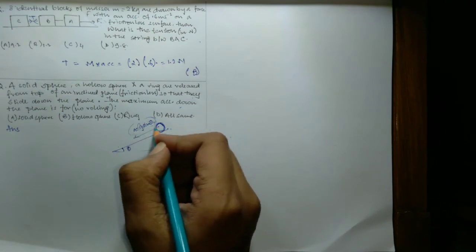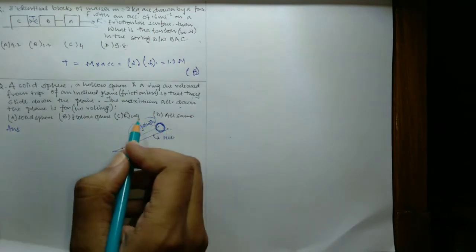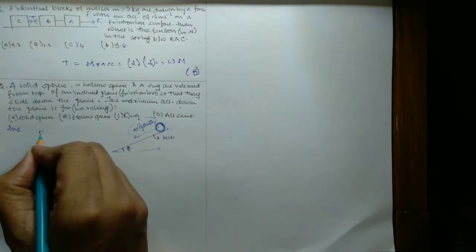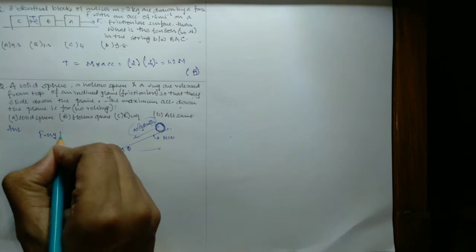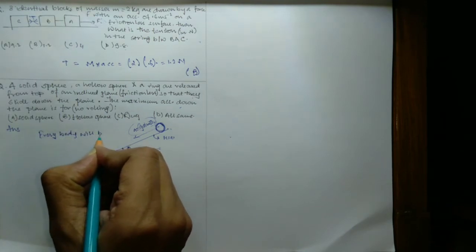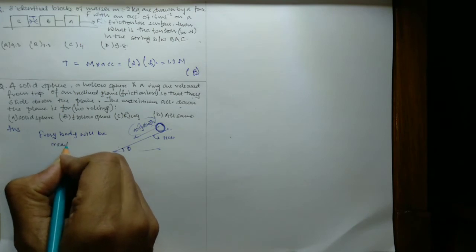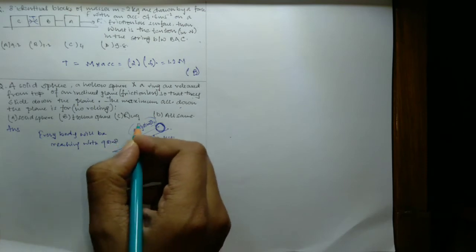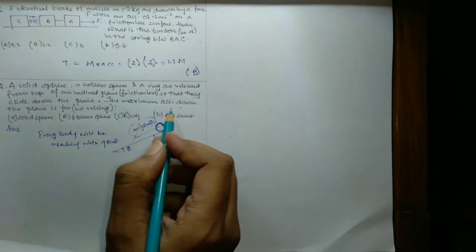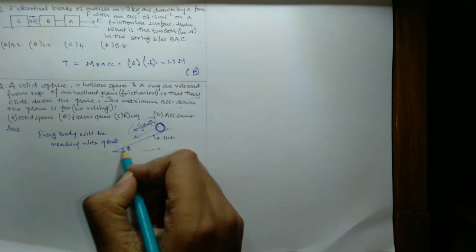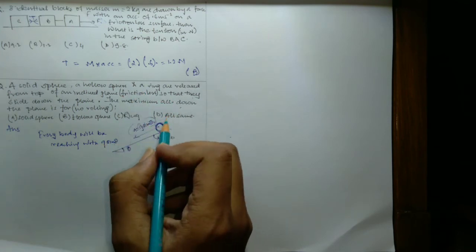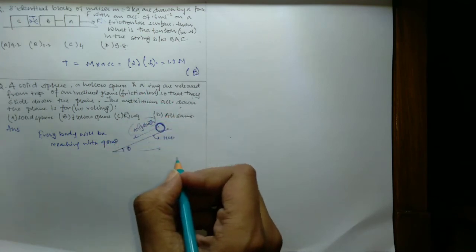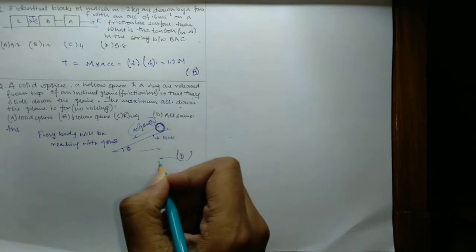It will be g sin theta for everybody, and everybody will take the same time, because the distance is the same. So the answer is option D. Thank you.